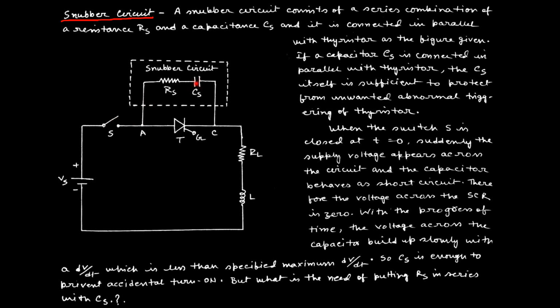When the capacitor is fully charged to the maximum value of Vs, it tries to discharge. When the capacitor tries to discharge, the discharging current is opposite to the charging current.